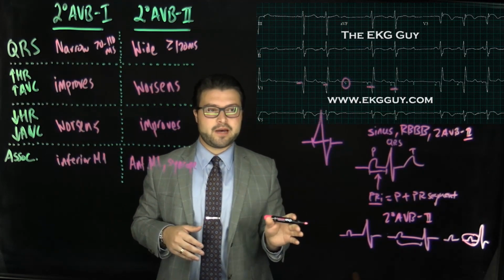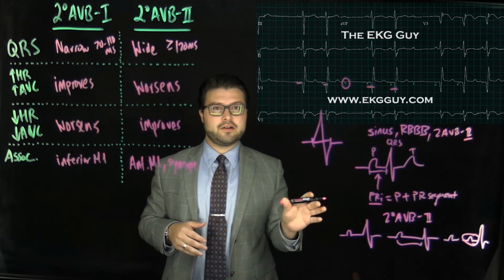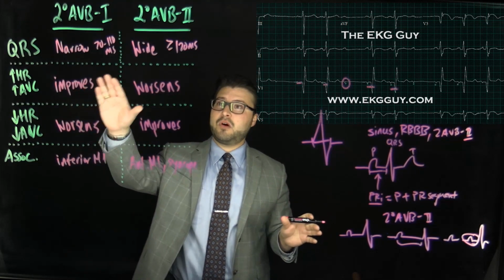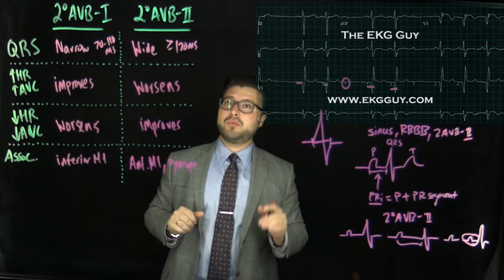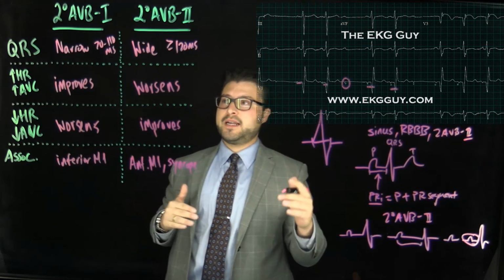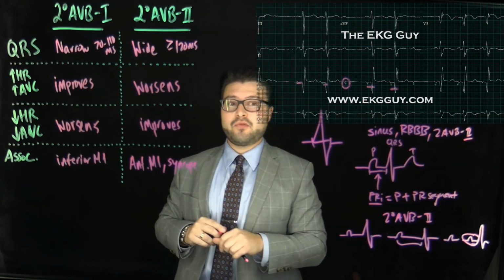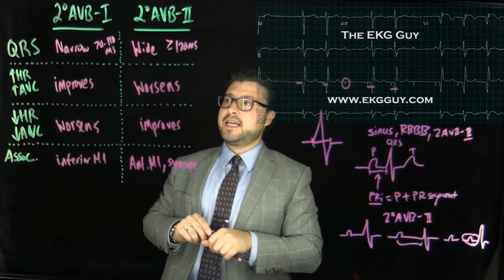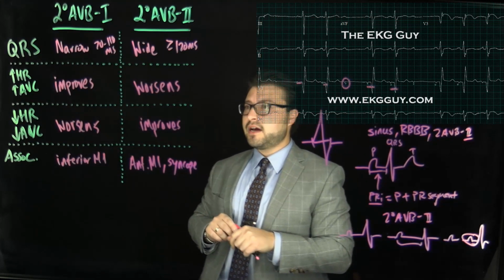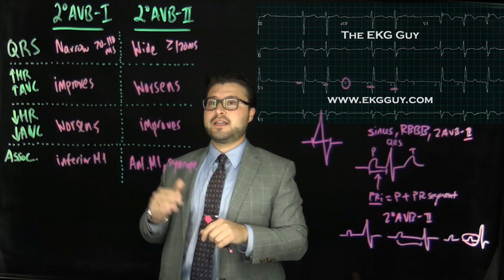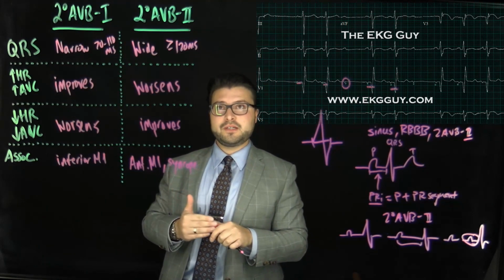Again, just to recap all of our things here. The QRS in Mobitz 1 tends to be narrow, and in Mobitz 2 wide, depending on the degree and the level of where that defect occurs. Maneuvers that increase heart rate or AV nodal conduction, we said, can improve Mobitz 1 but tend to worsen Mobitz 2.